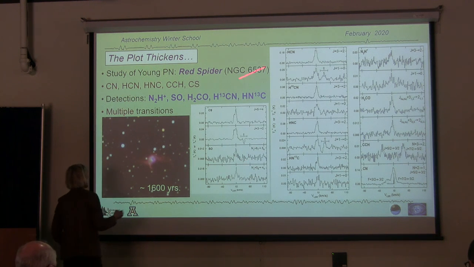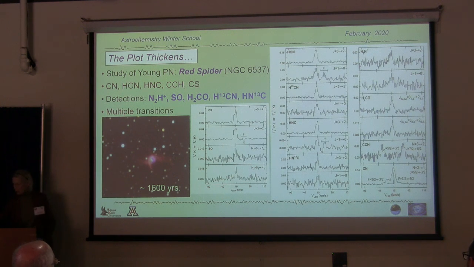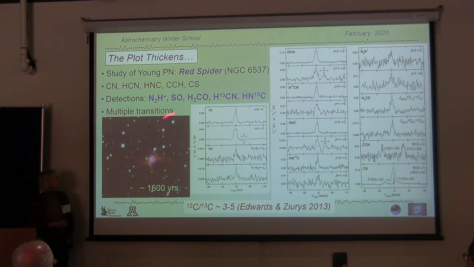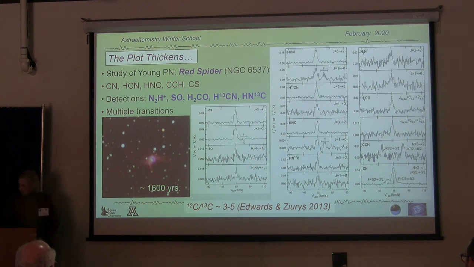So that added to the list of molecules seen in planetary nebulae. And amazingly, we saw H13CN and HN13C, and we could determine a carbon-12 to carbon-13 ratio from those, and that was about 3 to 5, which seemed unusually low for a planetary nebula that has just come through the asymptotic giant branch and has mixed a lot of carbon-12 to the surface. And that's still a puzzle.